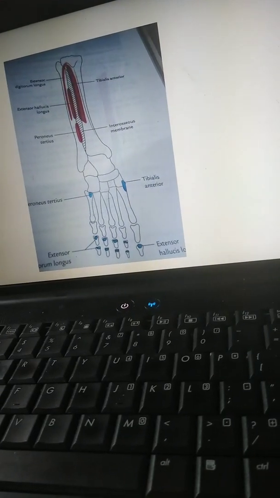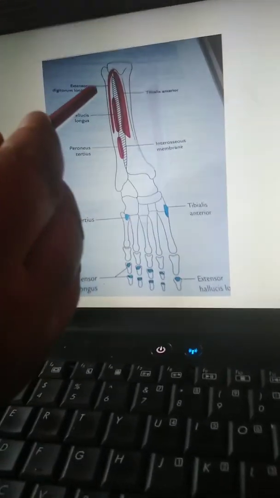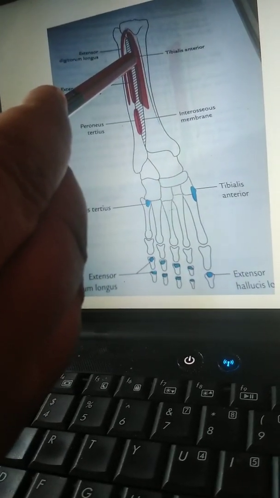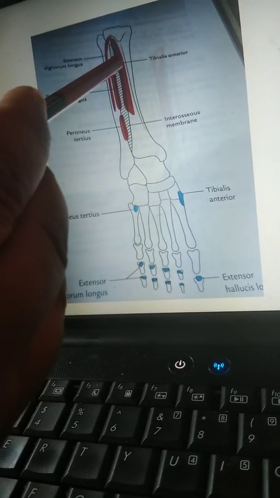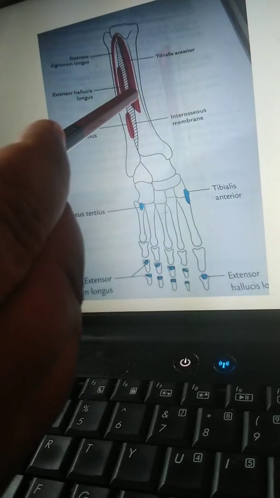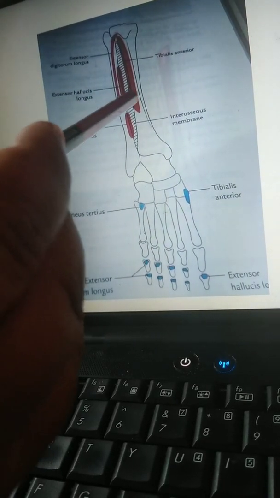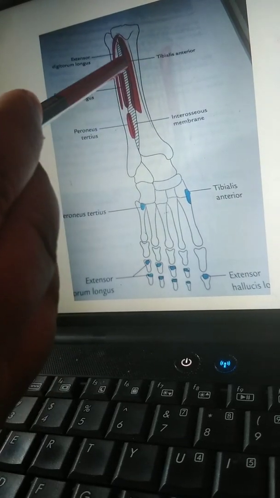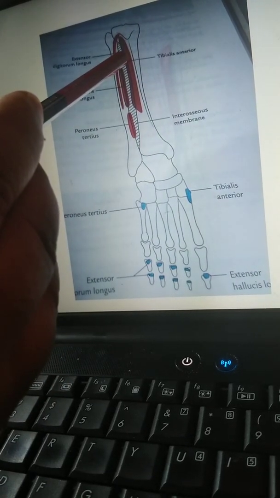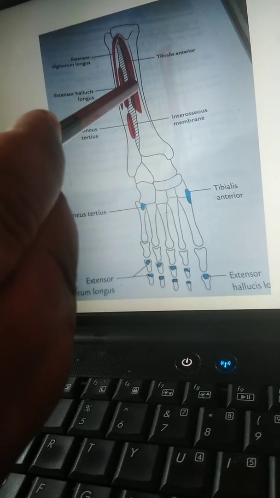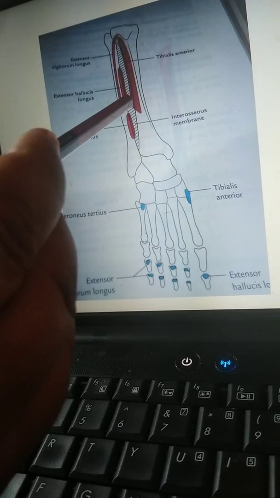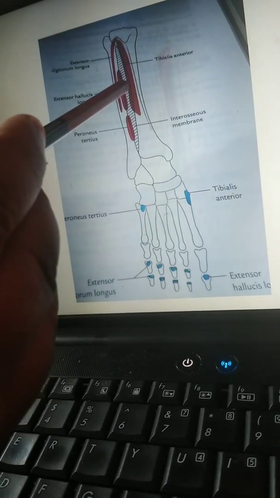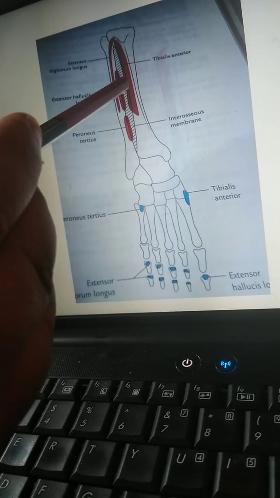Now this tibialis anterior, it is a spindle shaped muscle, multipinnate. It is most medial and superficial dorsiflexor of the foot. It arises from the upper 2/3 of the lateral surface of the tibia, and adjoining part of the lateral condyle of the tibia, adjoining part of the interosseous membrane, and overlying the fascia of the leg.